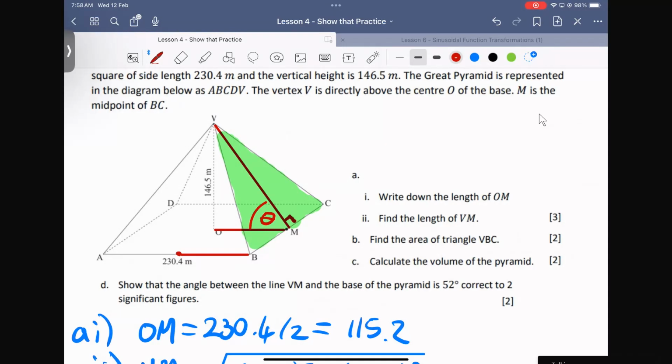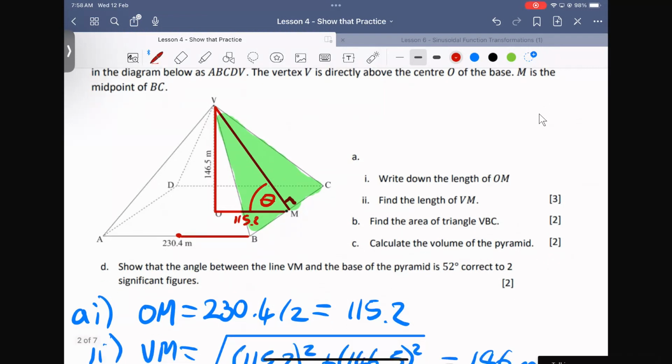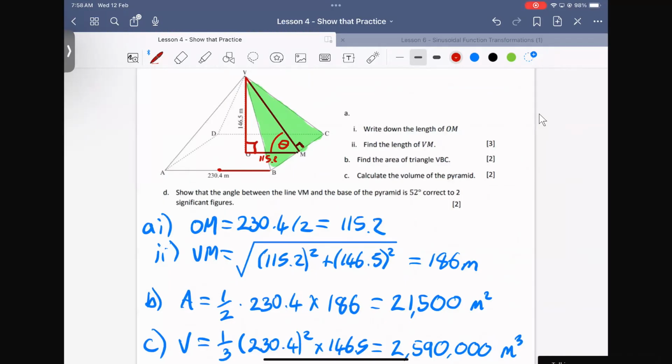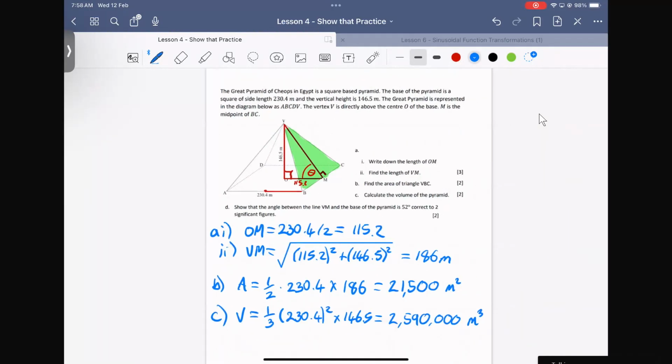So we've got OM, which is 115.2, and we've got VM here, so we can use the tangent function. A right angle triangle is this, there. We can use the tangent.